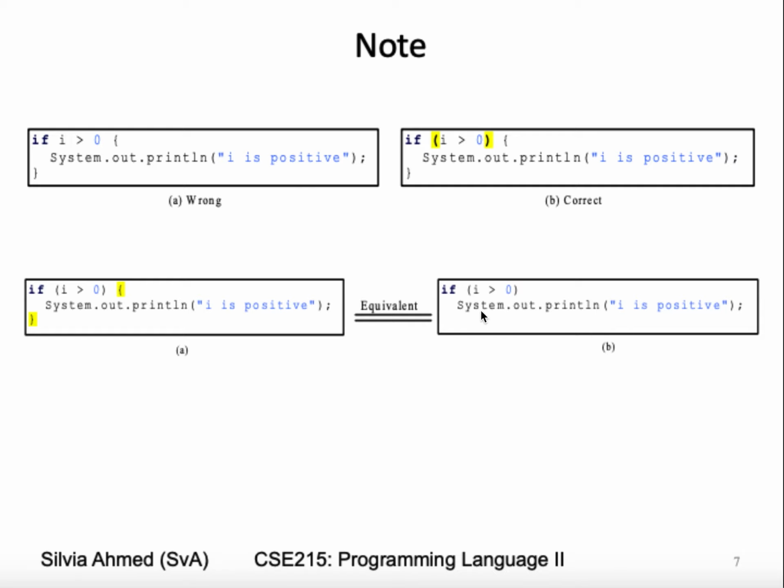But if we have a single statement, we can ignore the braces and the first statement will be associated with the if statement. But as a convention, I would suggest to always put everything, whether one statement or multiple statements, inside the curly braces. Okay, so let's go to the next slide.